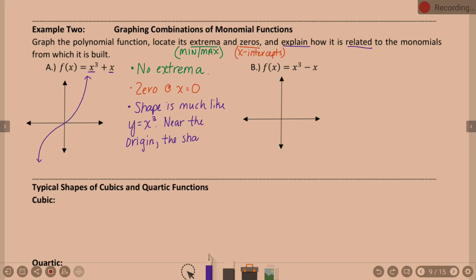The shape, or slope, is like y equals x. So it's that exploration of the fact that y equals x cubed plus x. It relates to x cubed because it looks like an x cubed graph, but it also looks like x because that affects the specific origin.